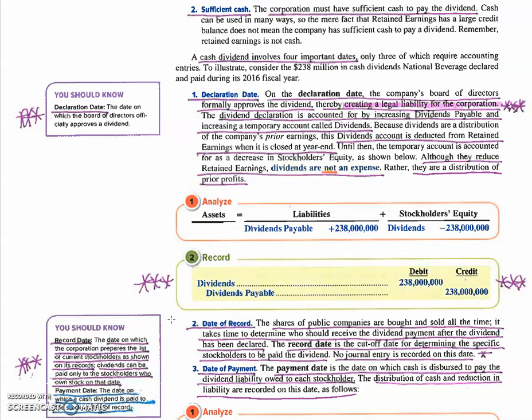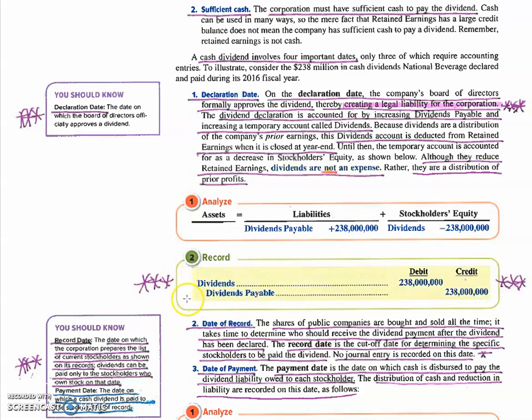Their declaration would go something like this: today we are declaring, let's say, a $1 per share dividend payable to stockholders of record on April 30th, 2020. So April 30th would be the record date. Payable on May 31st. That becomes the date of payment.